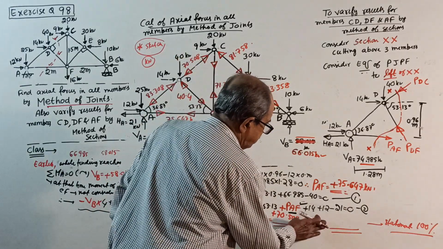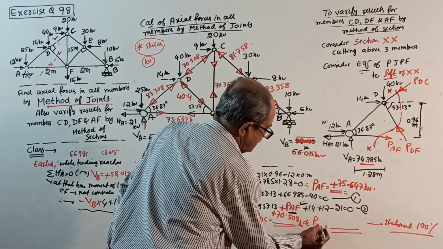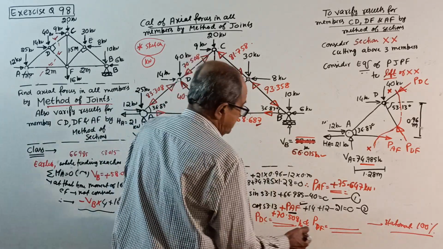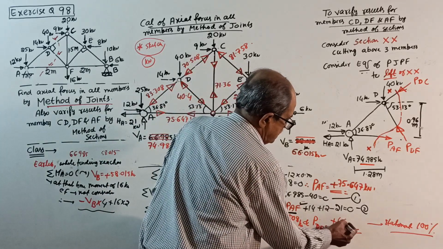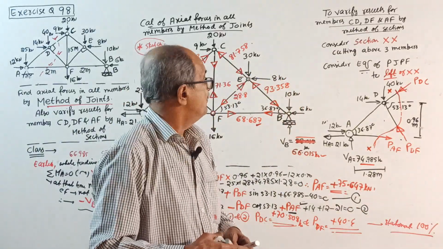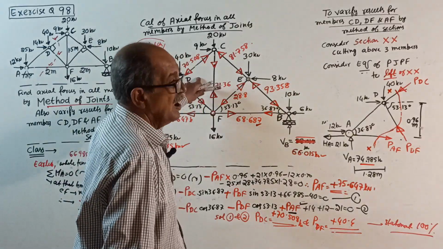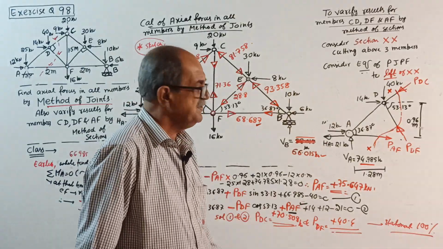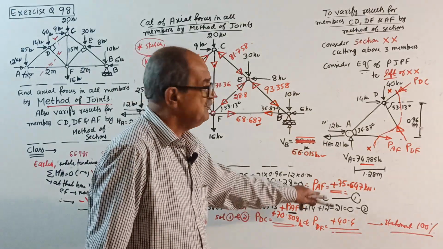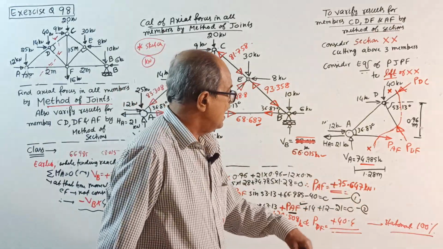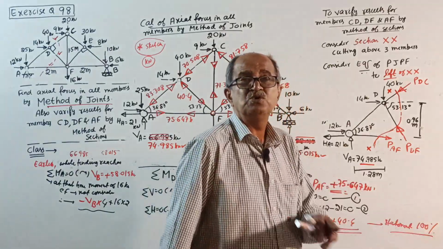Okay, PDF will come, PDF, this one, 40.4. Okay, right here, the statement. What forces we got there, joint, same direction we considered for checking purpose, all came positive and numerically also perfectly tallying. Therefore, 100% tallying. See, I wrote 100% before solving only.